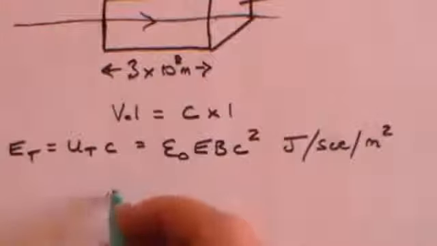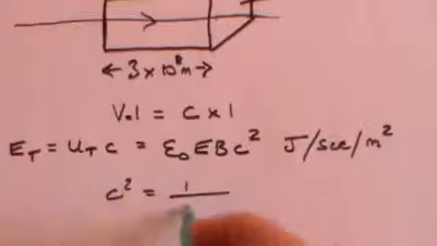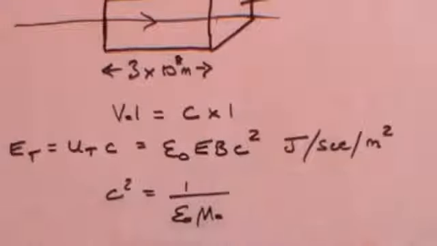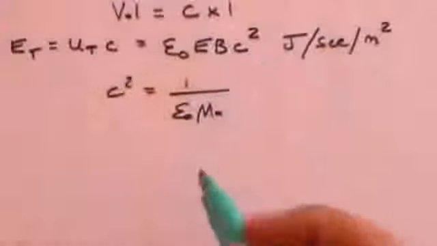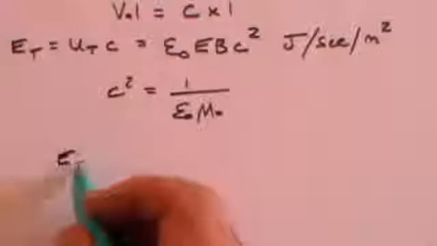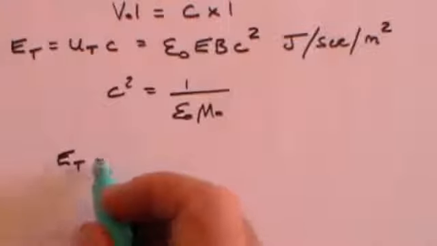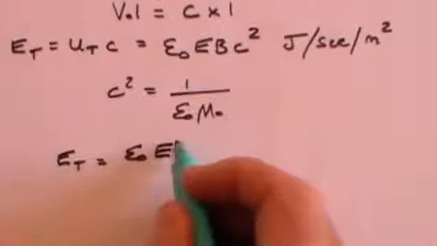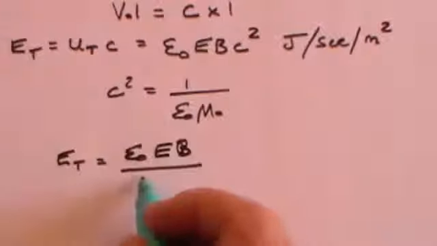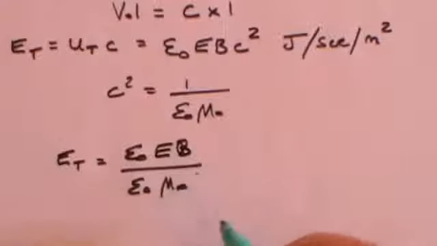But just a reminder that c squared is 1 over epsilon naught mu naught. We've shown that, we've used that before in this very video. And so we can replace the c squared here, and we now get that the total energy flowing per second per metre squared is epsilon naught EB, and now instead of c squared we're going to have 1 over epsilon naught mu naught.